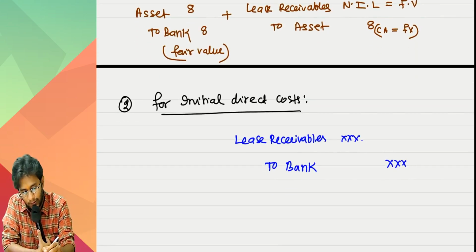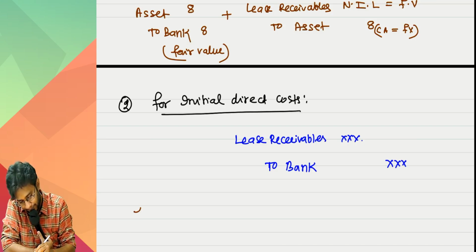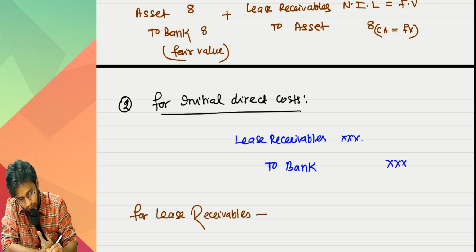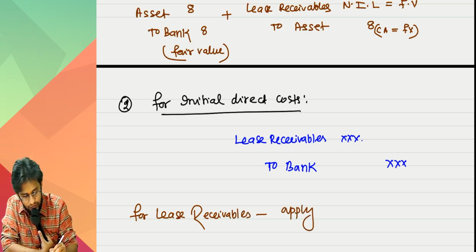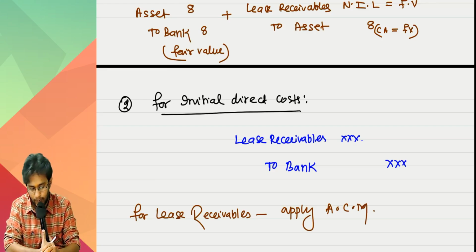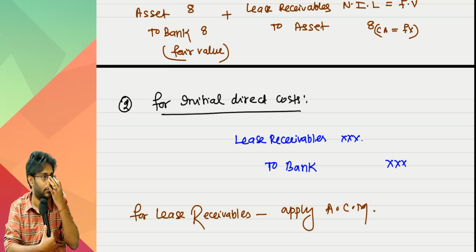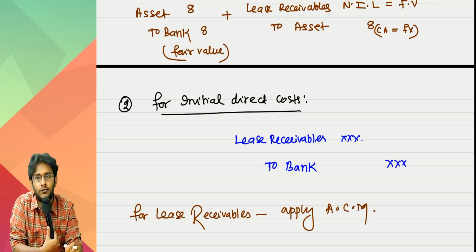Sir, hereafter what will happen? For lease receivables, you will do accounting which is similar to the amortised cost method. That's all. Life goes on like that.